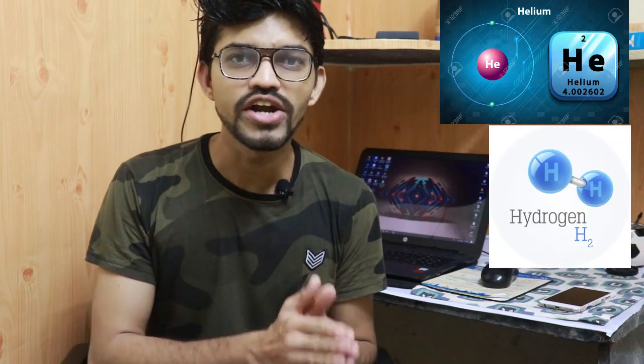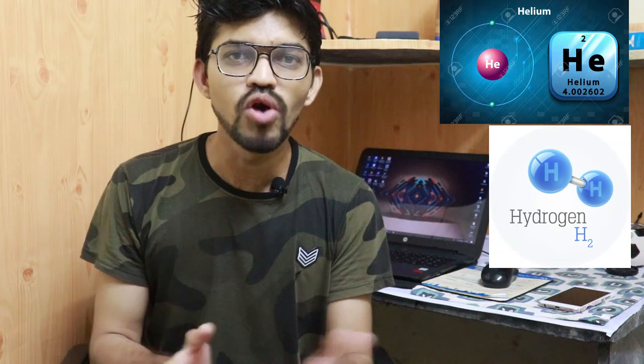So guys, over here the interesting fact is that in the atmosphere most of the gases like helium exist at the atomic stage. Hydrogen gas exists as H2 at a molecular level, the two atoms forming one molecule.